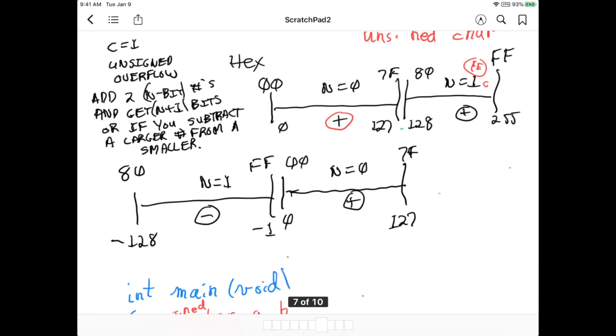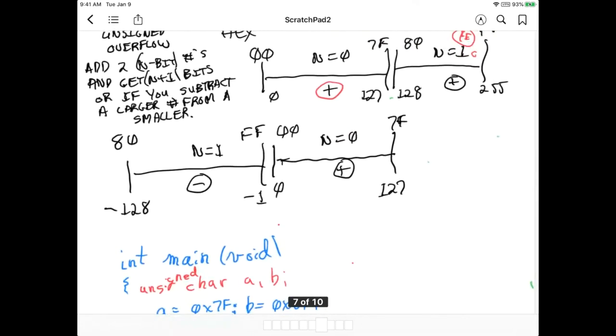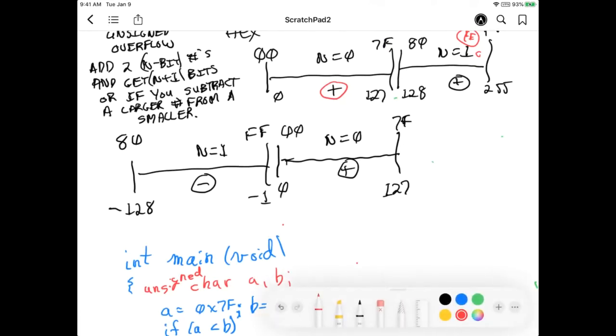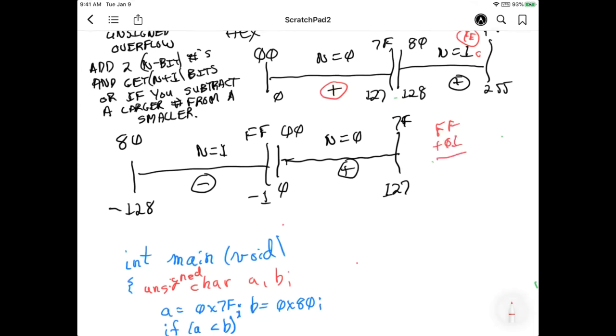Let's take a look at some of those calculations. Let's move our screen up a little bit here. Let's take a look at those same calculations. For instance, if I change my pen color to red, and take a look at doing FF plus 1 and getting 0, with a carry of 1 here, this means that it's not valid as unsigned, and we saw that.